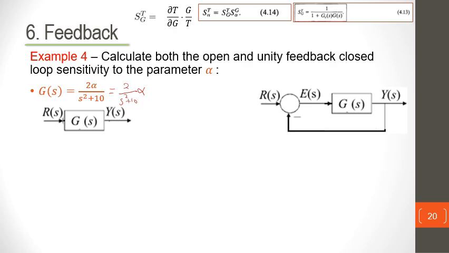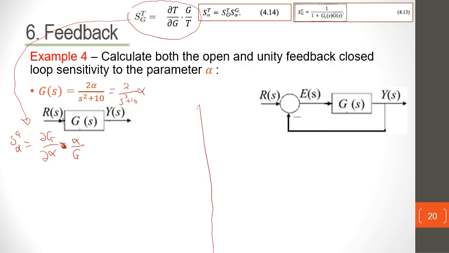Now, the definition of sensitivity says that the sensitivity of G with respect to alpha will simply be the partial derivative of G over the partial derivative of alpha, times alpha on top and G at the bottom. This is by just simply looking at this. So by definition, this would be the sensitivity.